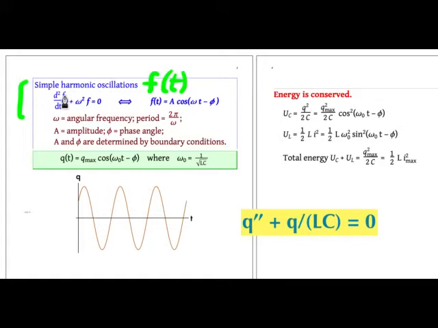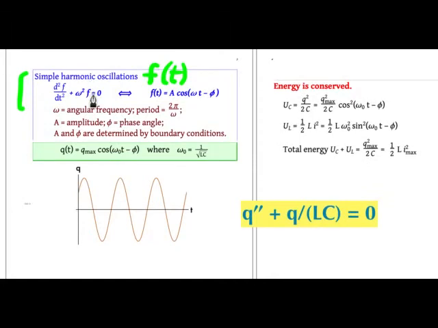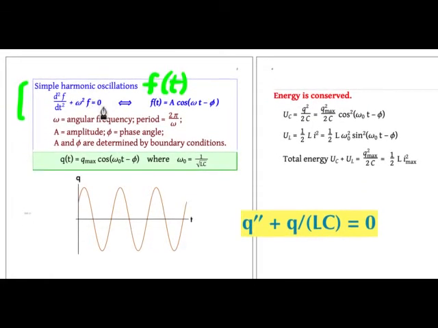So if I put in here f is cosine omega t, d squared f dt squared is minus omega squared cosine omega t plus omega squared cosine omega t is 0. So for any constant a, this will be a solution because I'll have the constant a in both terms. And for any phase angle phi, this will be a solution.